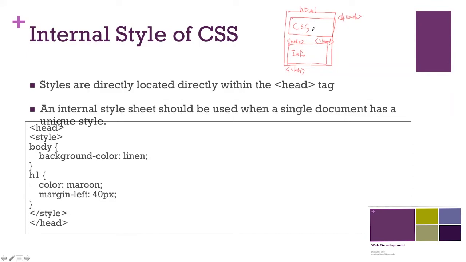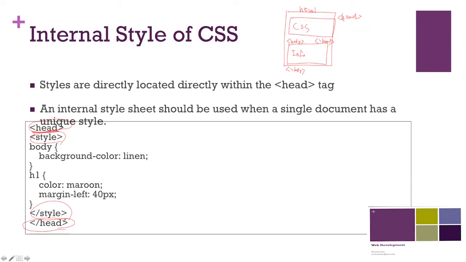So let's look at this example here. In here, head and closing head. So it's not your body, which means it's not your content space. It's for declarations and initializations and everything. And here, you are going to use style and closing style. That's another tag that you can use in order to define your CSS.